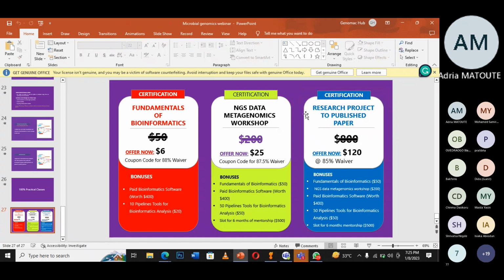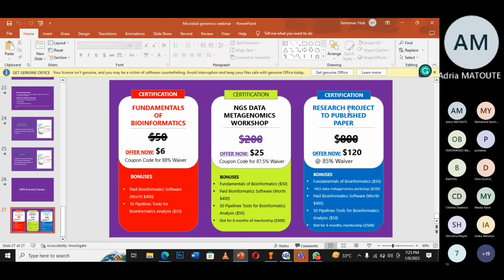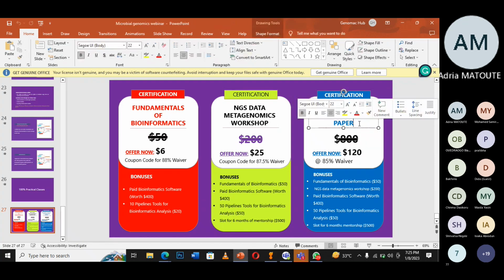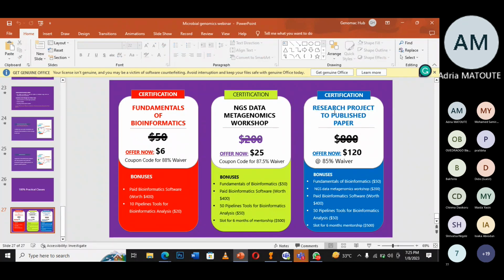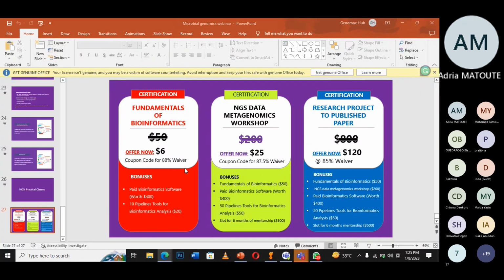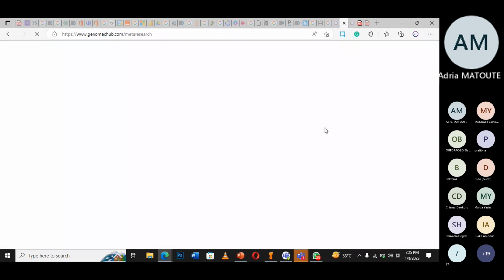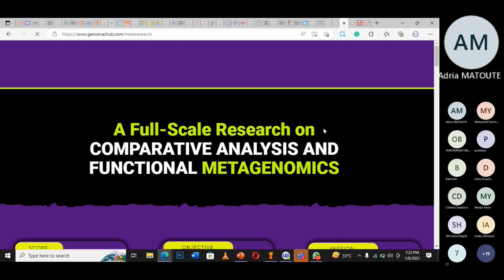Okay, so the one for 120 is for what? This 120 is for research projects to publish paper. So it means that we'll be doing metagenomics. It's metagenomics, so the metagenomics research workshop. Let me show you. I hope you get it. It's the metagenomics research workshop. Can you see?